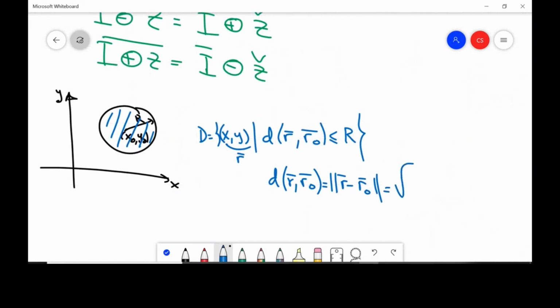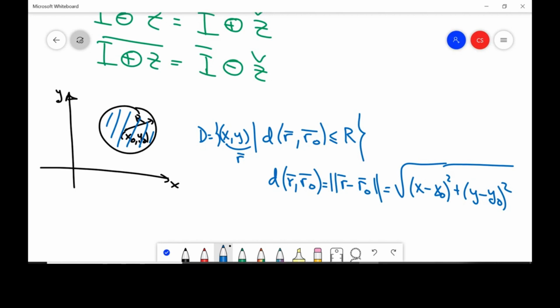And this is the square root of (x minus x0) squared plus (y minus y0) squared. And then if I look at all the points that fulfill this condition, all of them form a disk, a shape.